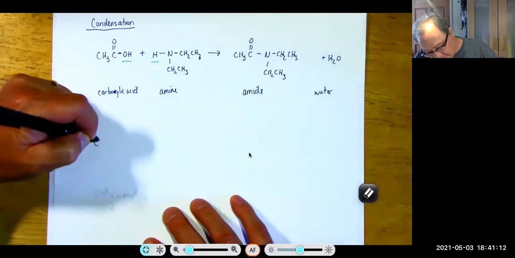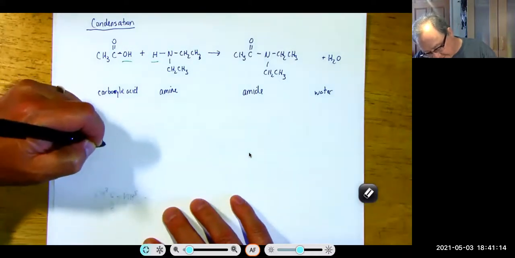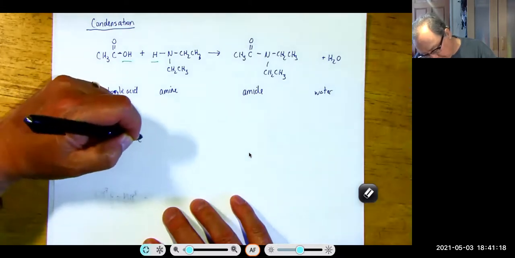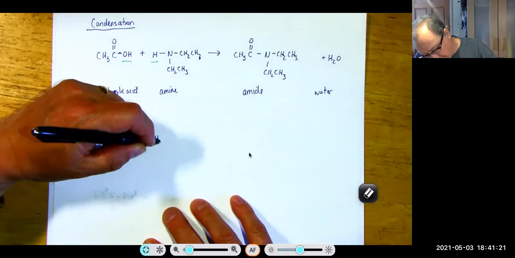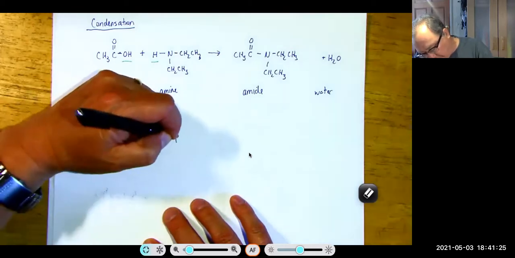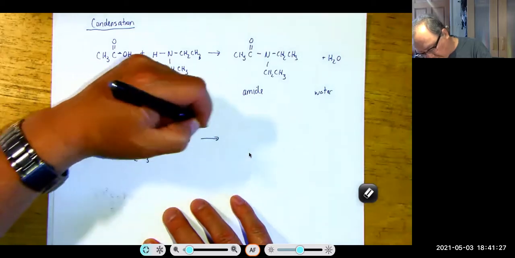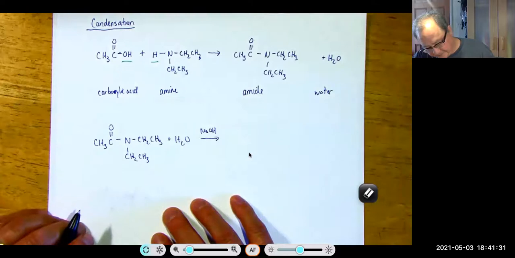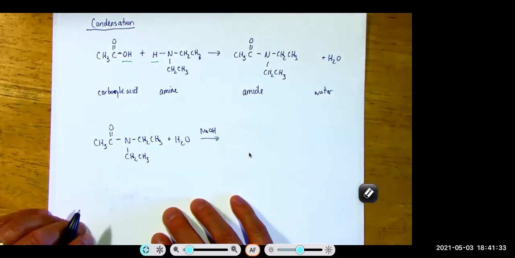So guess what happens if we take this, add water to it and a little bit of sodium hydroxide. You're going to get an amine and a carboxylic acid.